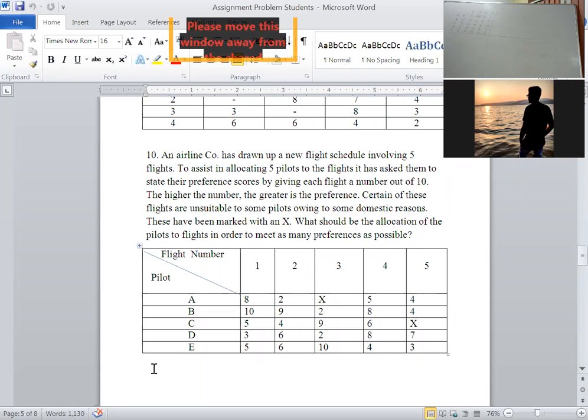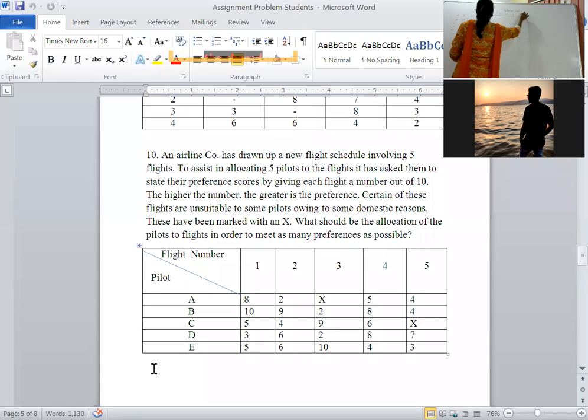Then what do we have to do? We have to find out the relative loss matrix, or opportunity cost matrix. Then 1, 2, 3, 4, 5. Here in this particular problem, the largest element in the entire matrix is 10.